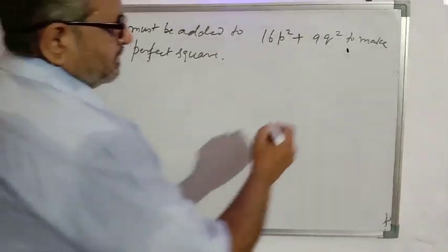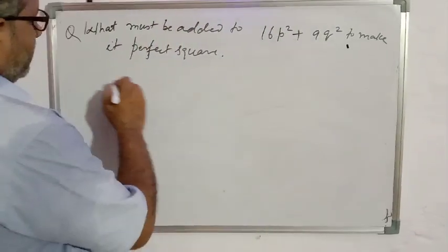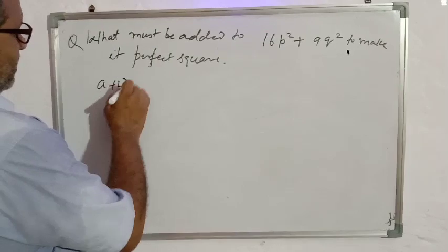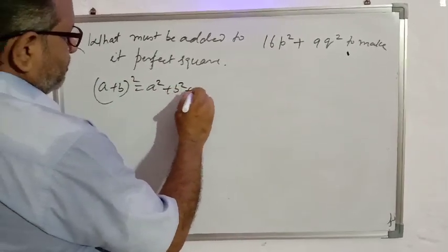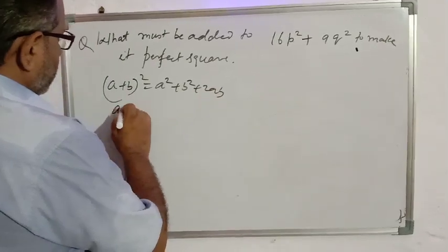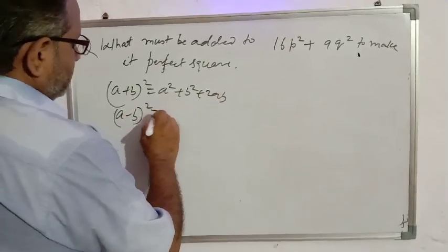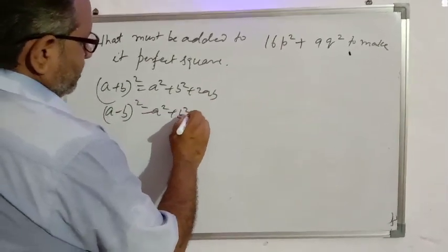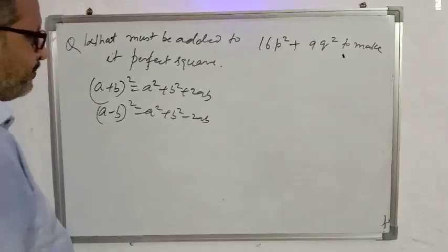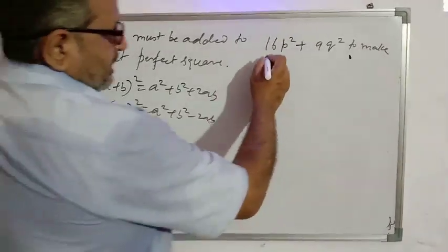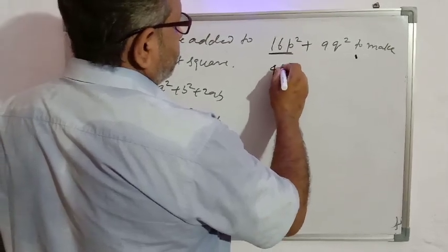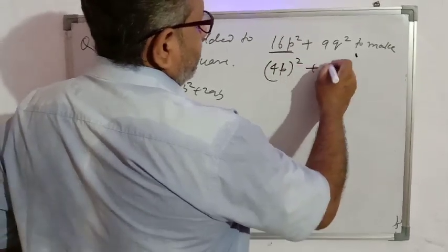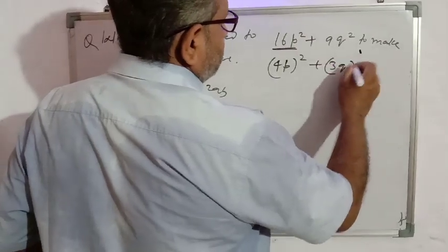Perfect square means (a plus b) whole square or (a minus b) whole square. Perfect square means (a plus b) whole square, a square plus b square plus 2ab, or (a minus b) whole square, a square plus b square minus 2ab. So see here what is given. 16p square means (4p) square. 9q square means (3q) square.